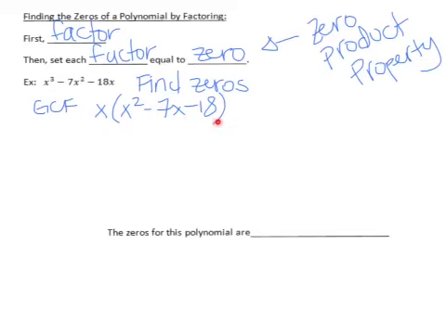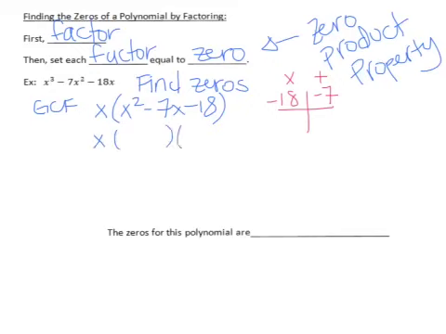So remember, we're going to say first times last, so 1 times negative 18, and we get negative 18. So factors of negative 18, that sum to be our middle term, negative 7. So we're thinking what multiplies to be negative 18, but adds to be negative 7. And we can go ahead and factor that.